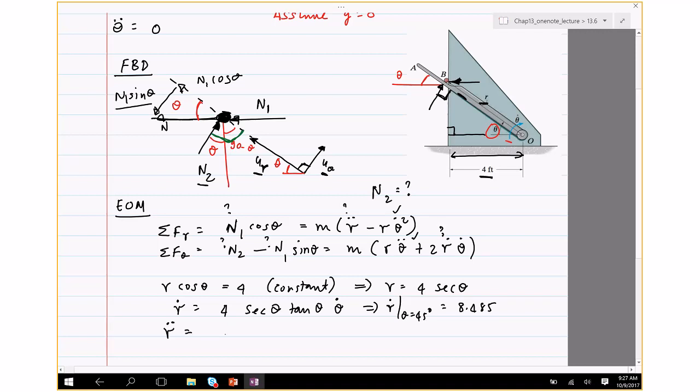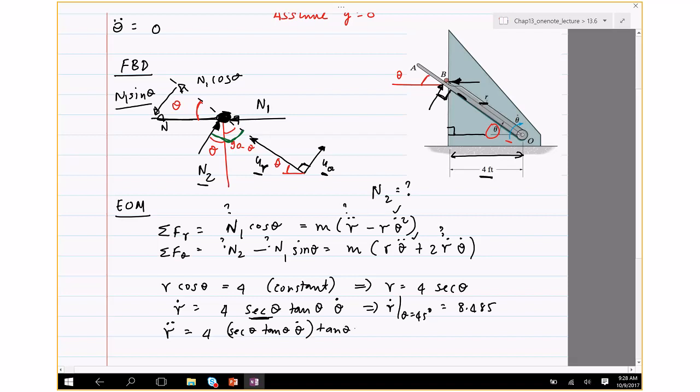Then I need to find the second derivative of this. So 4 is constant. Okay, so when I do this, I normally do it this way. I treat tan theta and theta dot as a constant, take the derivative of secant only. So I get secant theta tan theta, and the other two terms are constant. Sorry, my bad, I skipped one term. It's going to be secant theta tan. So the derivative of this itself is that times tan theta theta dot.